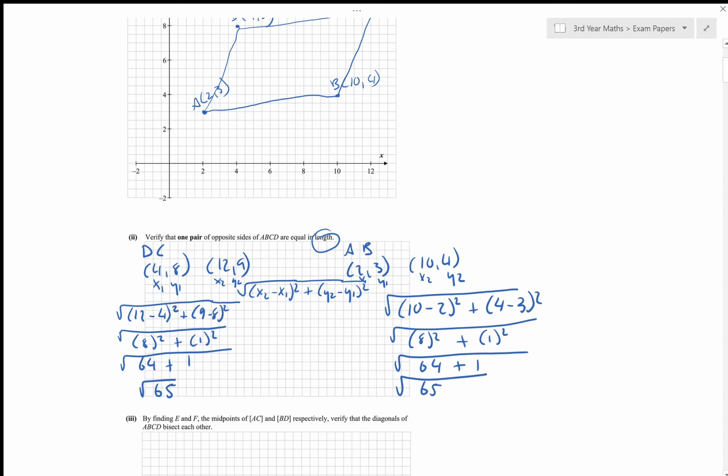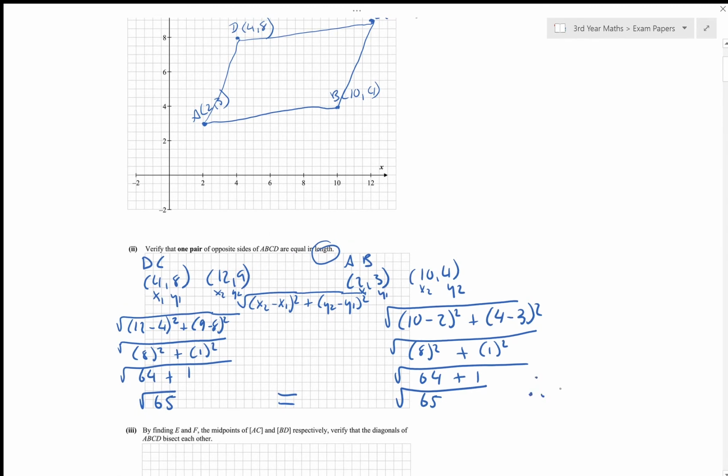So verify that one pair of opposite sides are equal in length. You've got the same answer, so you can say, therefore, the length of DC is equal to the length of AB.